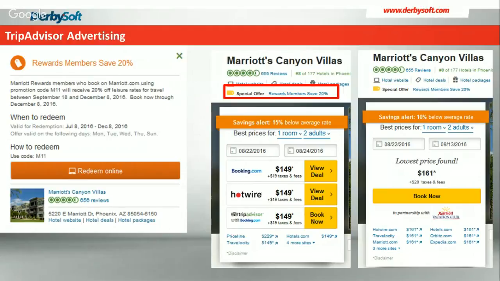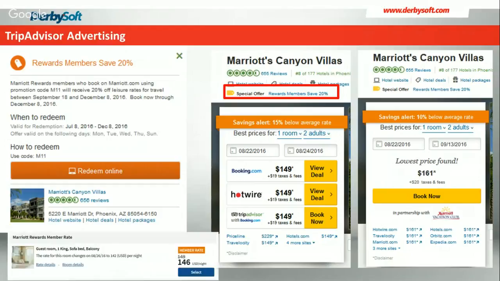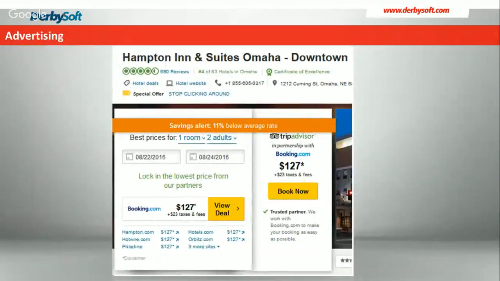So this is another point of sale, another place where you can get some visibility and have exposure for your own brand on TripAdvisor. On this particular example, once I clicked through actually to look at the rates, here's what I showed up with. So I do kind of question if that's actually a 20% discount or not, but you can see some examples such as that. Okay, so let's click through here to the next part I want to talk about of the advertising.